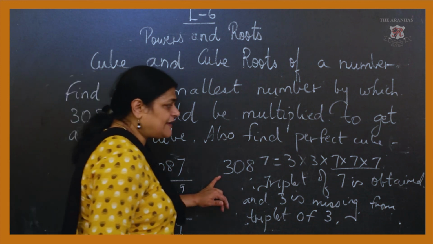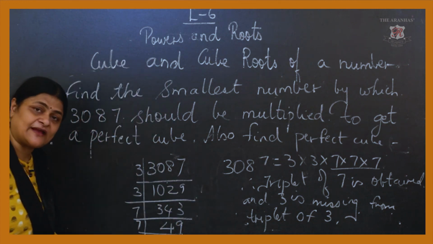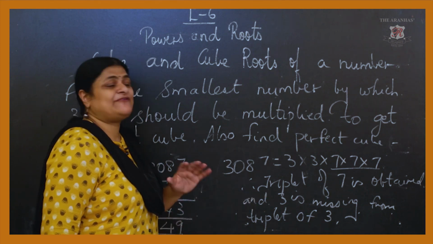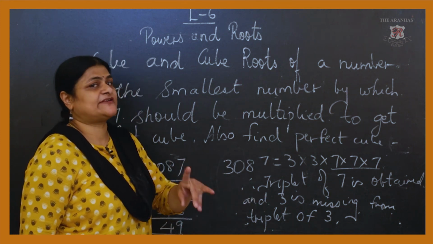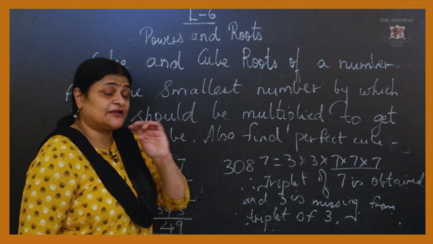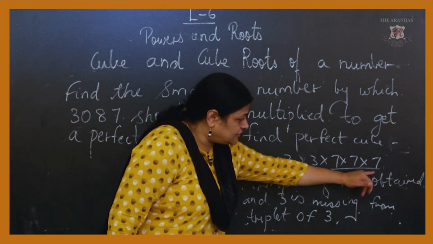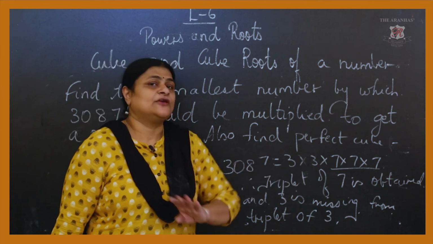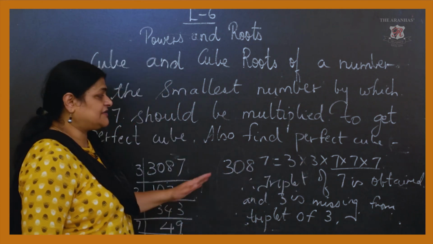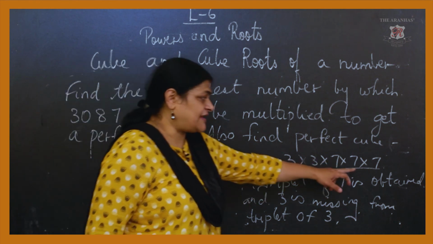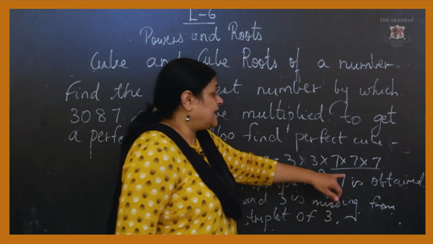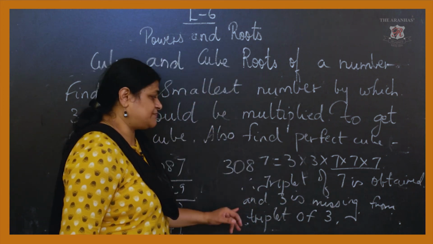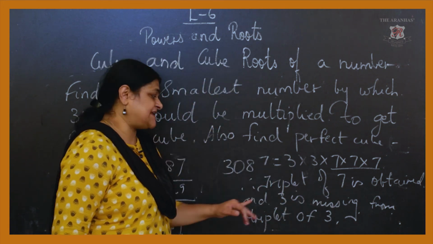I have written it over here as we have done the prime factor. Over here we can see we have got a triplet for 7, 7 into 7 into 7, because it's a cube. So for 7 you have got the triplet, 3 times, but for 3 you have not got it. That's why I have written that the triplet of 7 is obtained, and 3 is missing from the triplet of 3.